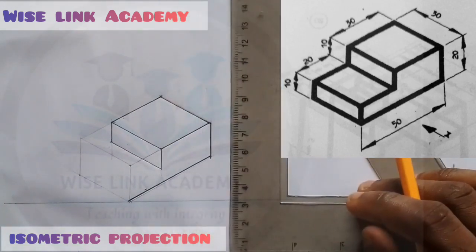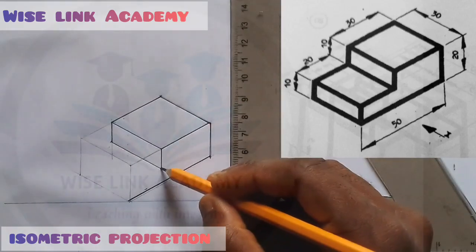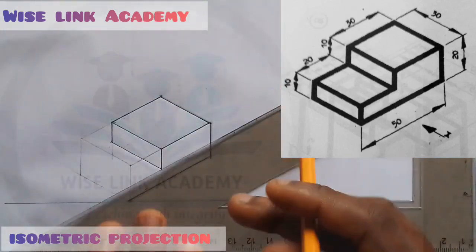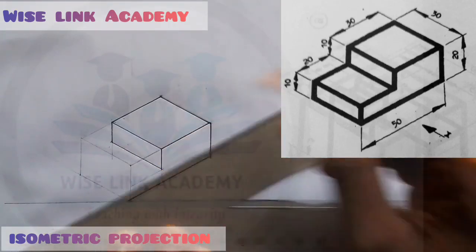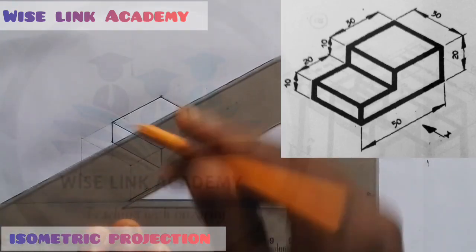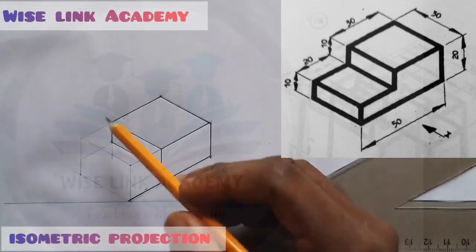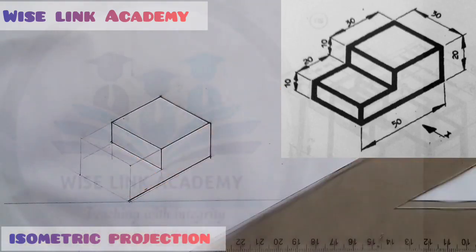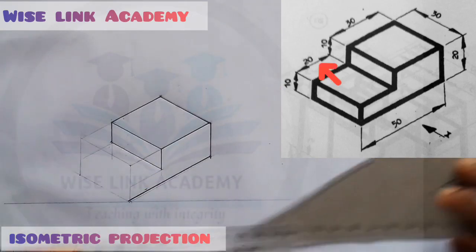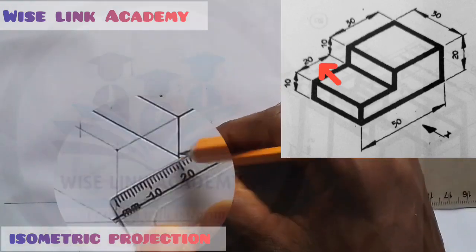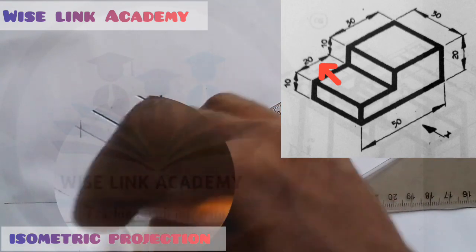Having done that, at this point here and at that same point here, I'll draw a line inward this way, also a line inward this way, and the inward is about 20 millimeter. So I'll measure out 20 from here to here, and it's ticking, so I'll thicken it.